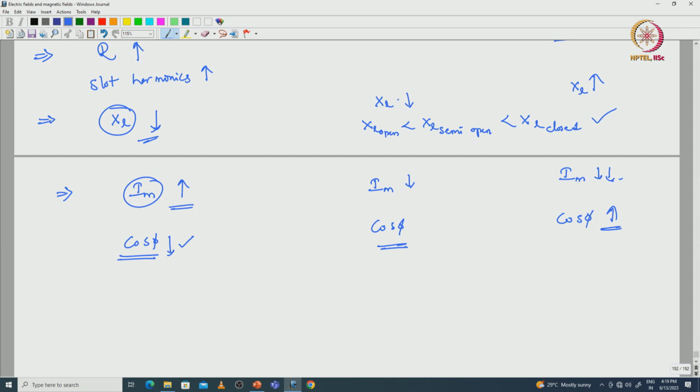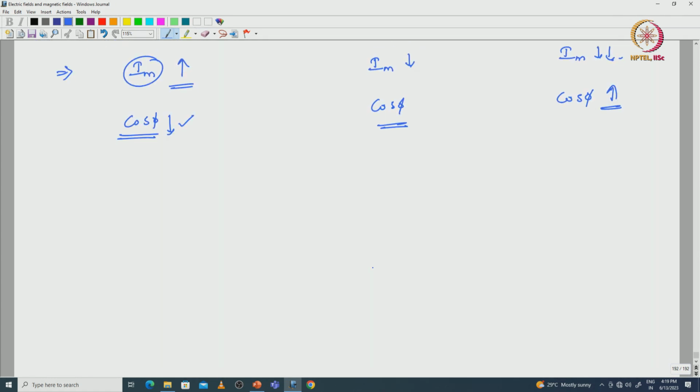So, these are the few factors and summary to select the shape of the slot as well as the number of slots, but mostly the shape of the slot will be reflected with respect to these parameters. And one more thing, if we select the sharp edges of the stator slots, the flux lines flow in this manner, and whether it is going out or coming in, at this particular point of sharp edges there is a chance for saturation.